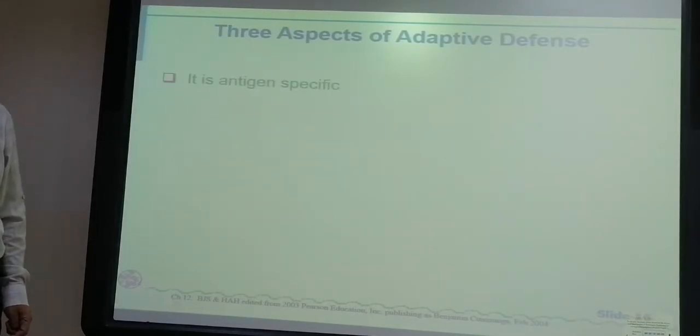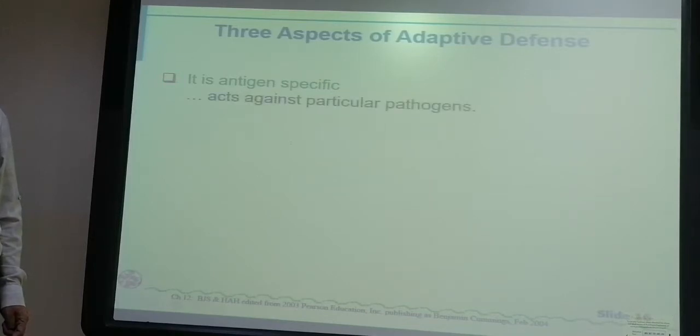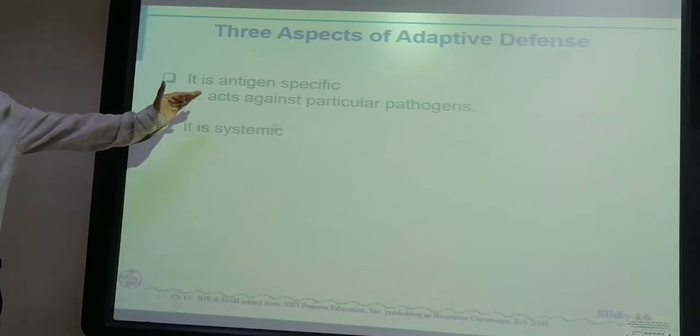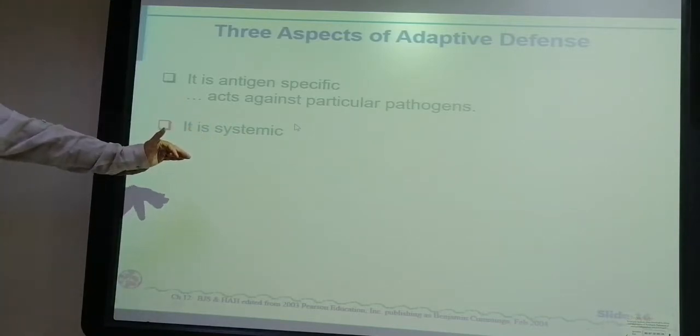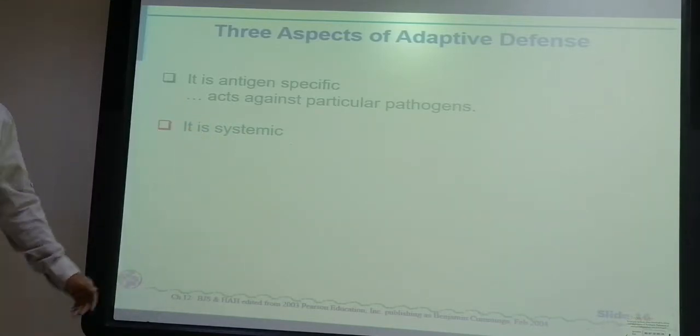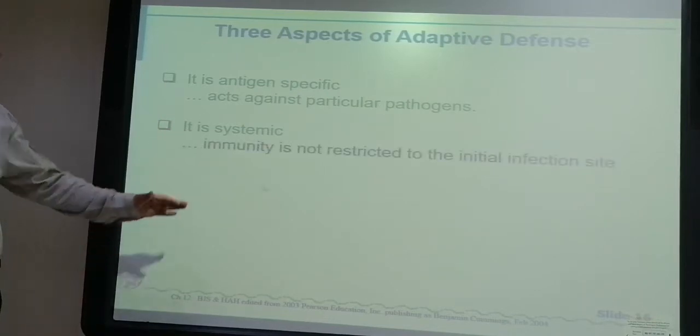There are three aspects of the adaptive defense mechanism. It is antigen specific, so it is specific to the same antigen. It will not act with other antigens. Also, it is systemic.